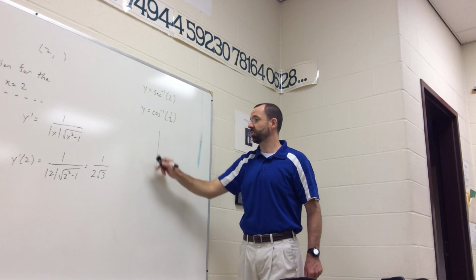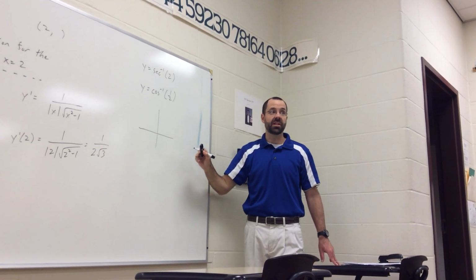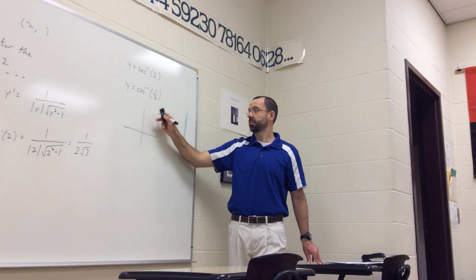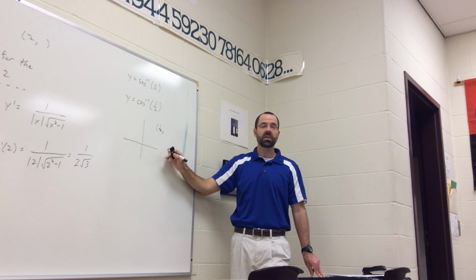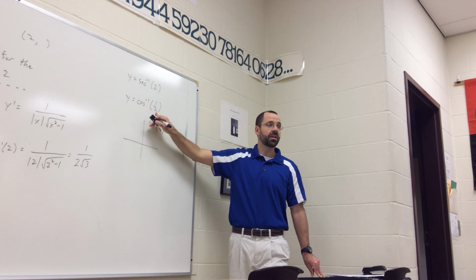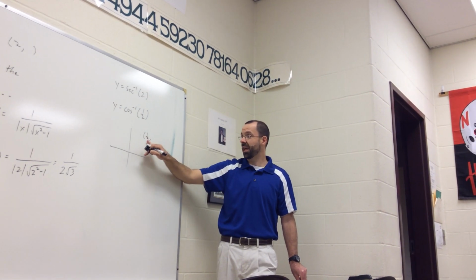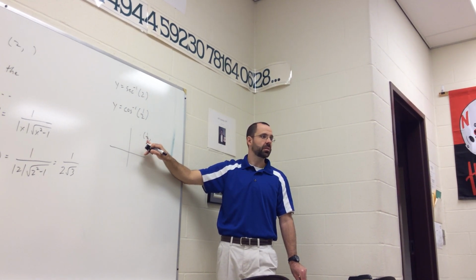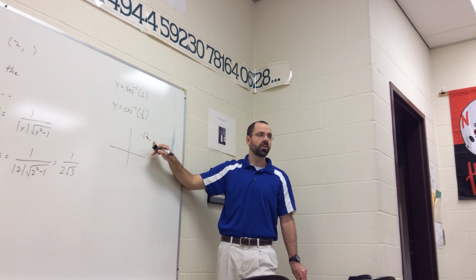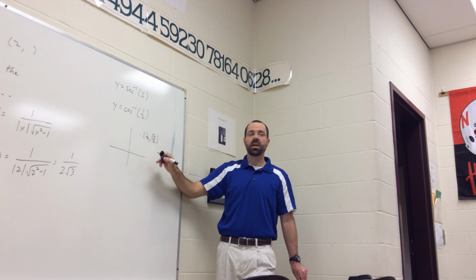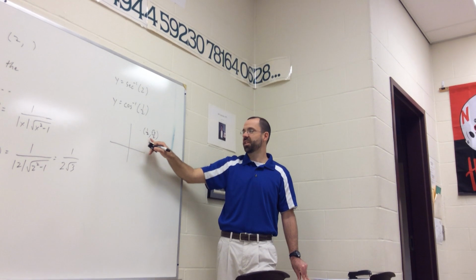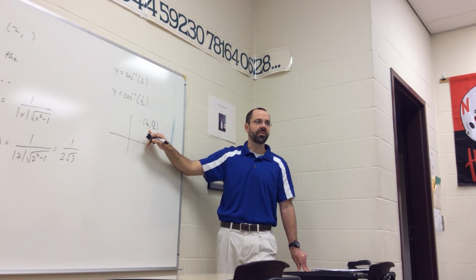So then on the unit circle, that means my x value needs to be a half. If the cosine is a half, that means on the unit circle, the x value is a half. So then just for memory's sake, what is this number, the y value? Root 3 over 2, right? And then it's easy to remember that this is either pi over 6 or pi over 3, right?